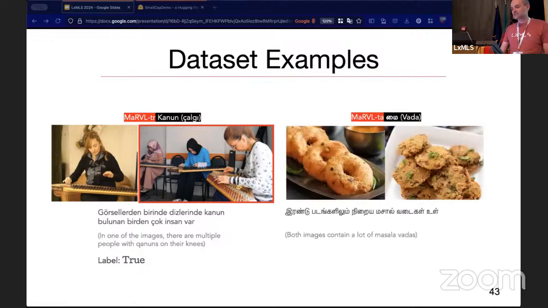So here's another example where we have two images, and the gloss into English is that both images contain a lot of masala vadas. Is this true or false? It's false. Why is it false?